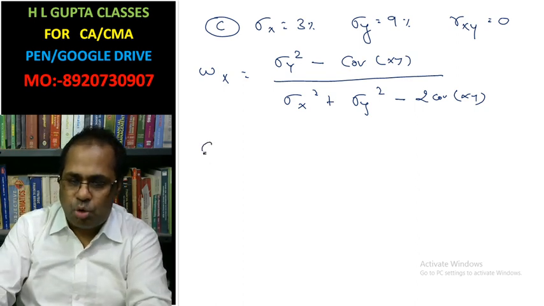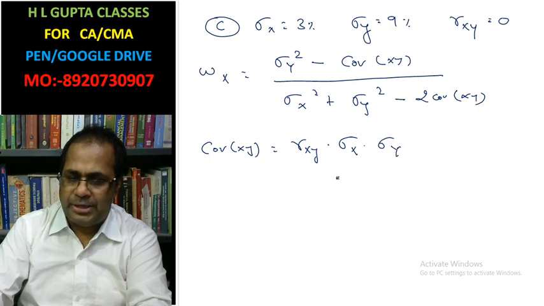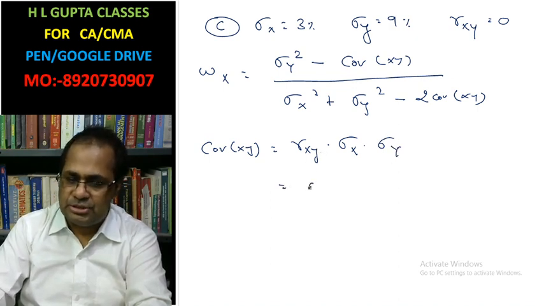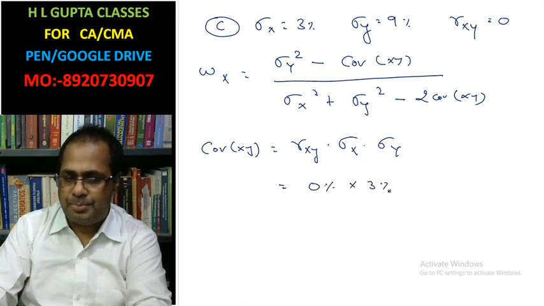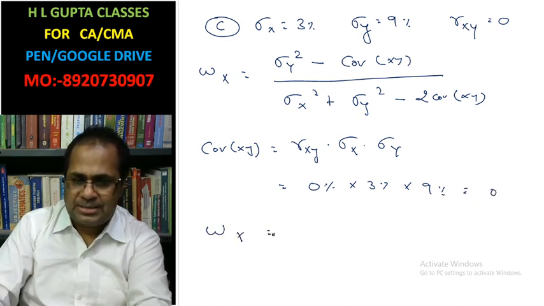What is the formula for covariance XY? Covariance of XY is calculated as coefficient of correlation XY times standard deviation X times standard deviation Y. This is 0% into 3% into 9%. This is 0.